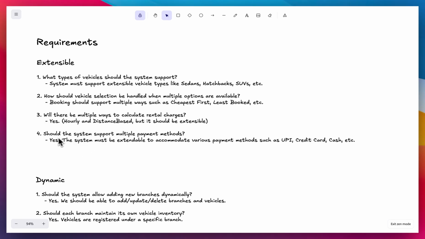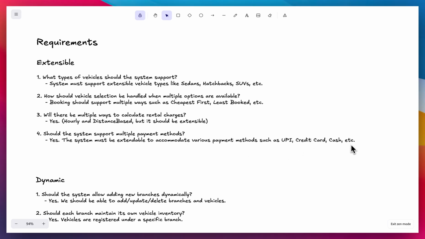And the fourth point you can ask is, now that we know the money that we would be charging, how should the user pay? Should the user be allowed to pay using UPI only, or can it support other ways as well, like credit card, cash, etc.? So this was the fourth point, and obviously this payment method should also be extensible.